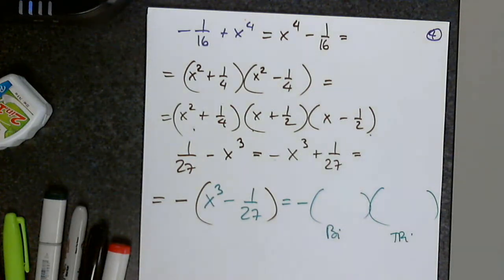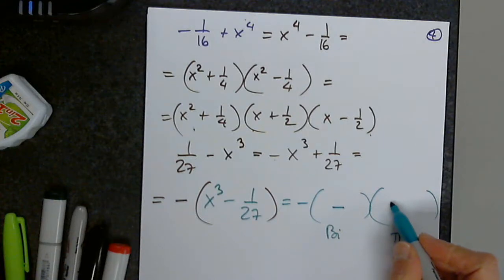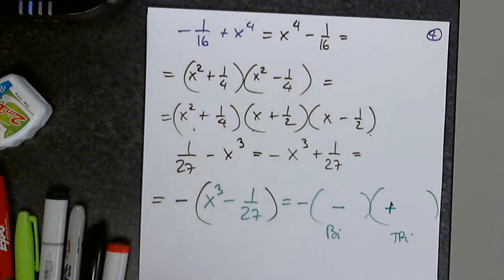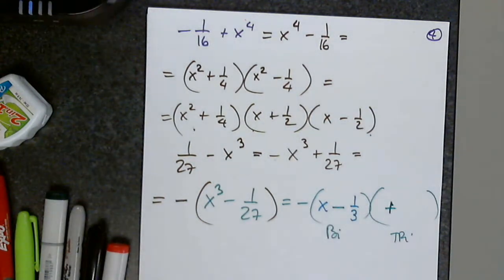The sequence of signs, I'm factoring the difference. What should I have here? Minus. And here in the middle? Perfect. Now I need to identify the binomial. Which binomial will work here? Do you all agree with x minus 1/3?